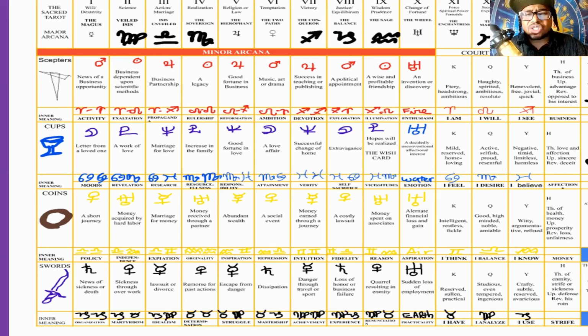When you think about swords, you are thinking about the hardships. You cannot think about swords without thinking about mortality. This is what's used to stop physical life. This is what's used to protect physical life.